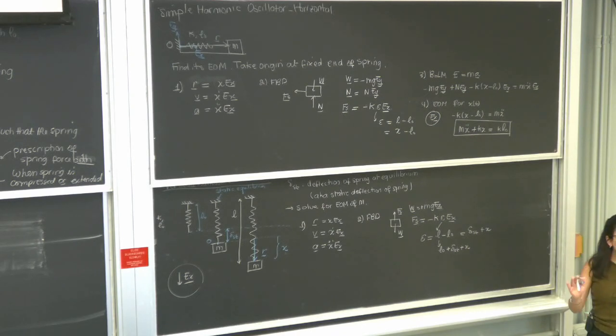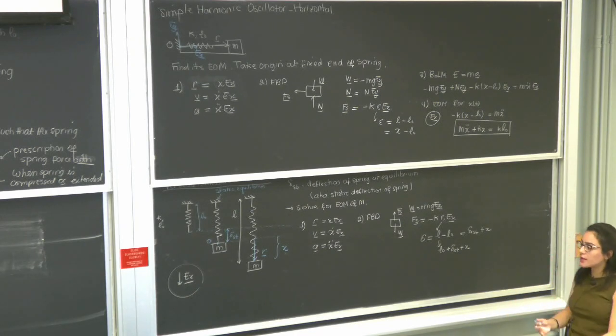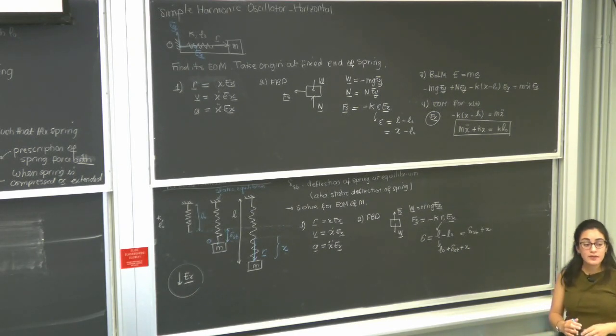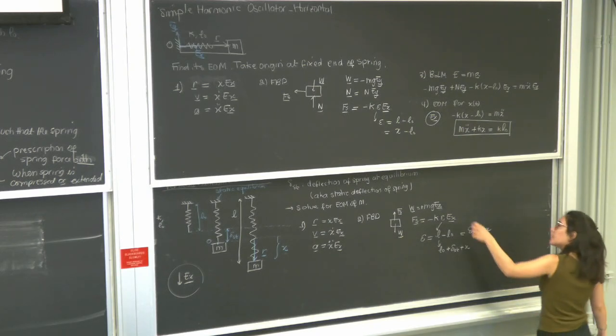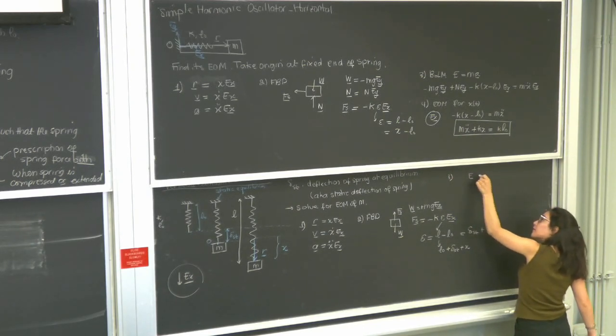So it's easiest if we go back to our initial definitions. This epsilon is L minus L0. What is L, the current length of the spring? Let me draw it. What is it composed of? Very systematic. Step 3, I'm going to write the balance law, F equals ma.